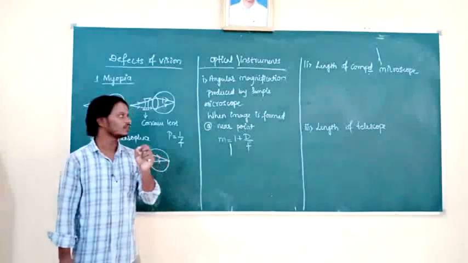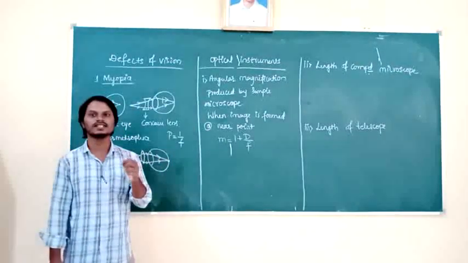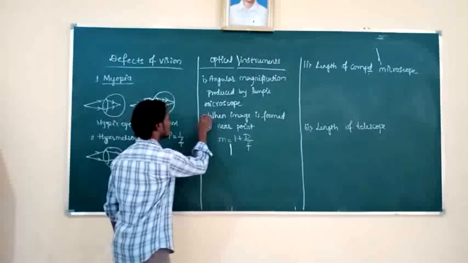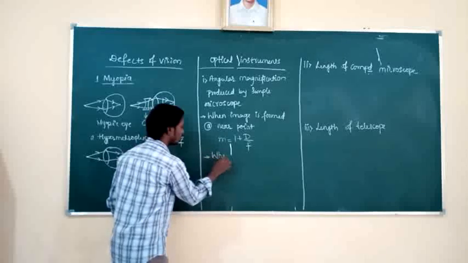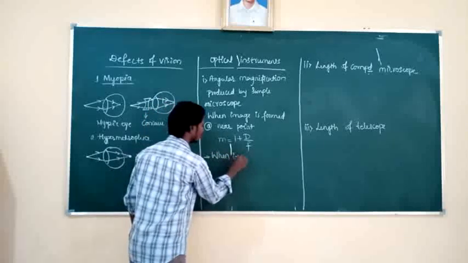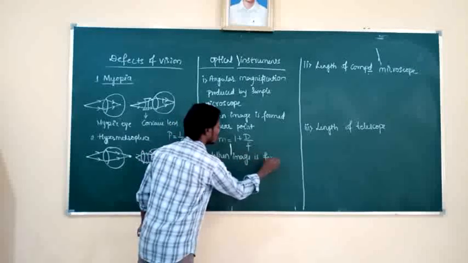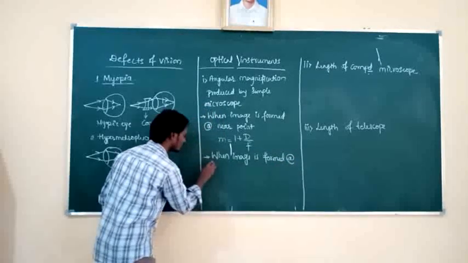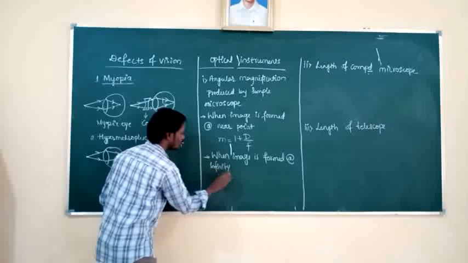So a simple microscope is nothing but a magnifying lens. Magnifying lens means it is a convex lens. Suppose the image is formed at infinity, then what is the magnifying power formula?